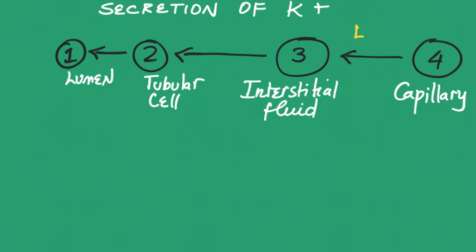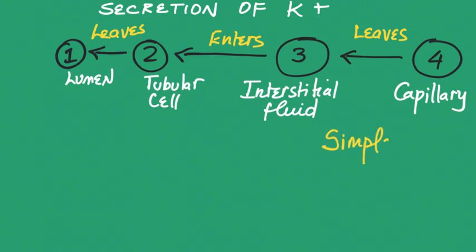So we have potassium leaves, potassium enters the tubular cell, and potassium leaves the tubular cell. Potassium leaves the capillary via simple diffusion because the capillary is fenestrated, so it's easy for the potassium to leave. Potassium enters the tubular cell via primary active transport.